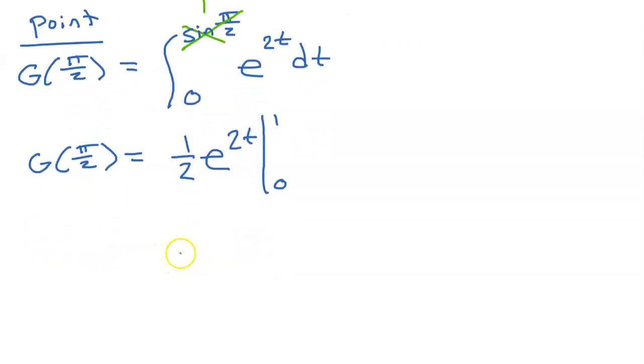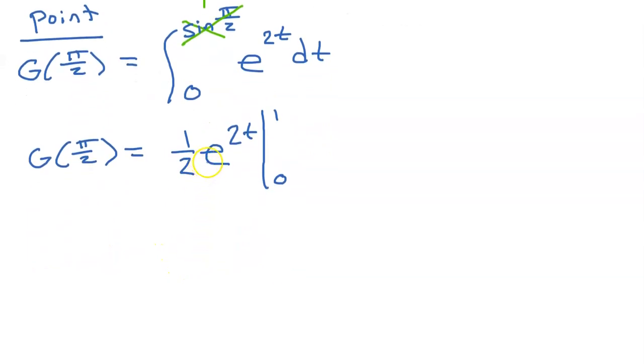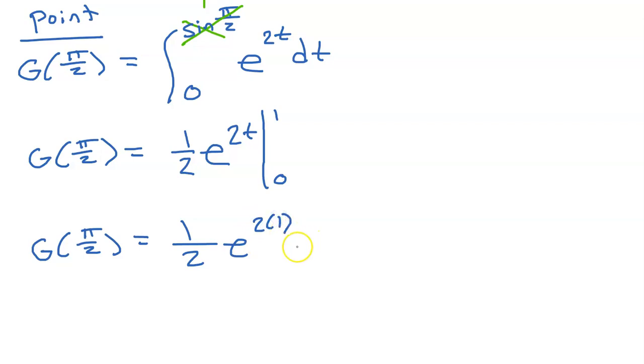So this tells me that I need to find the value at 1 and subtract the value at 0. So here is the value at 1 minus the value at 0.